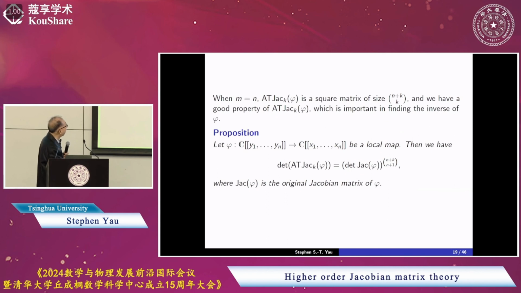So when M equals N, the size of this associated transformation Jacobian is N plus K choose K. You have such a good property that the determinant of the associated transformation of Jacobian K phi is actually equal to the usual, classical Jacobian matrix raised to the power N plus K choose N plus 1.